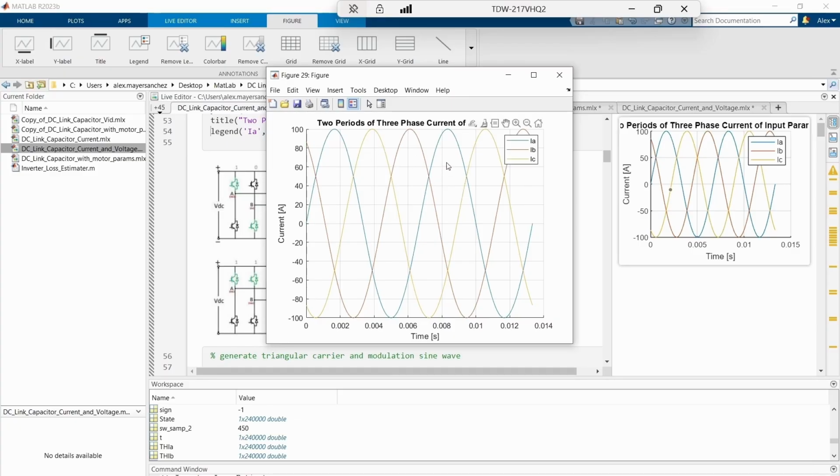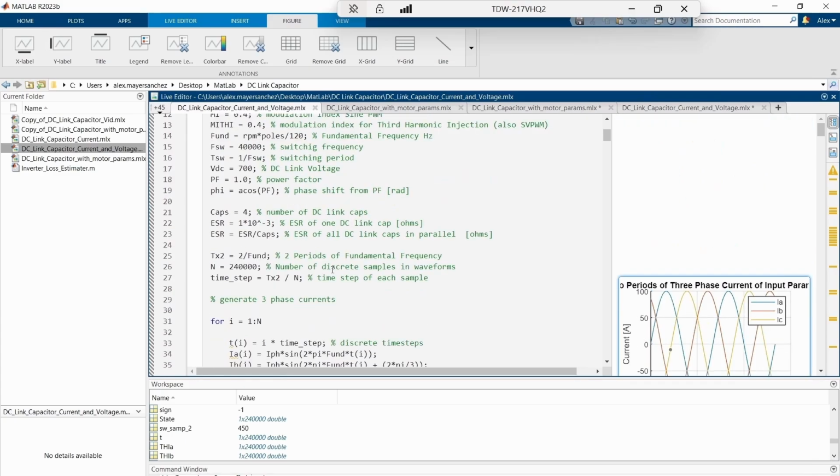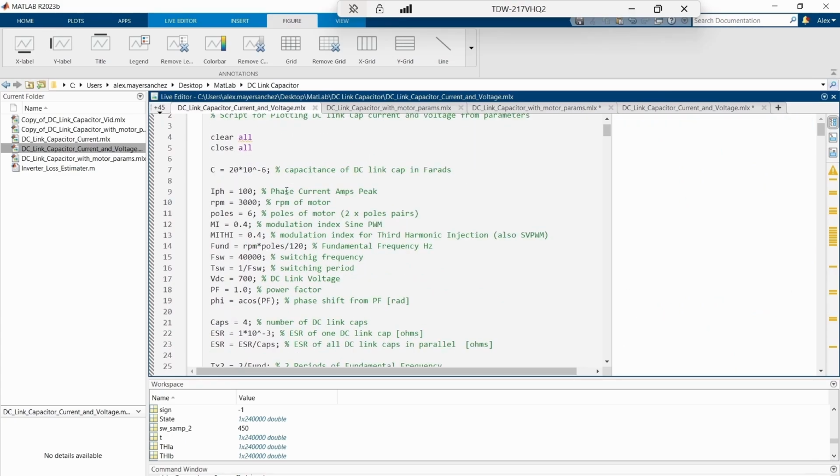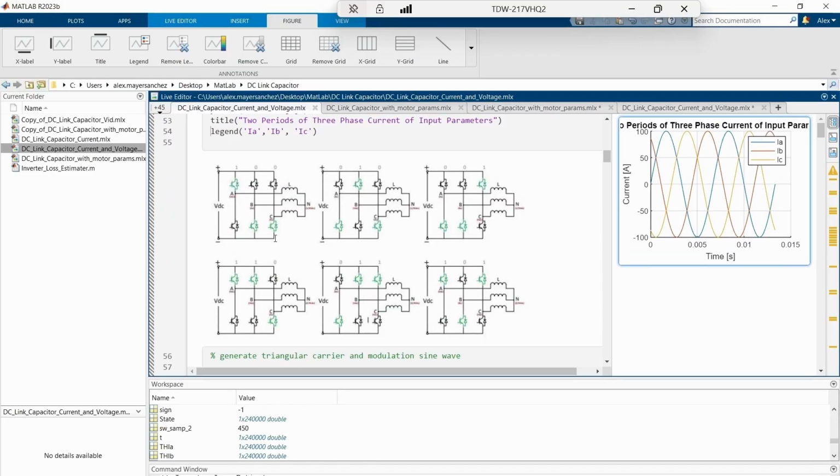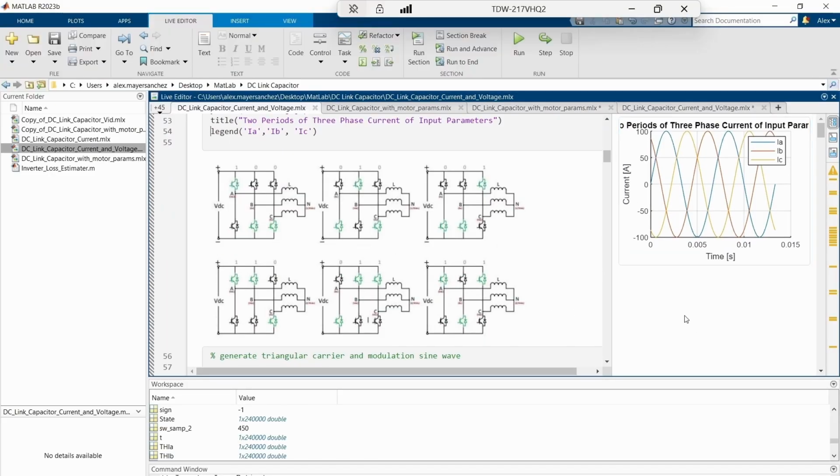So you can see three-phase sinusoidal, peak value of whatever we input. What did I input? Yeah, 100 amps peak. Peaks at 100 amps. And then now we're going to figure out how do we switch the inverter such that it outputs this current that we're looking for.